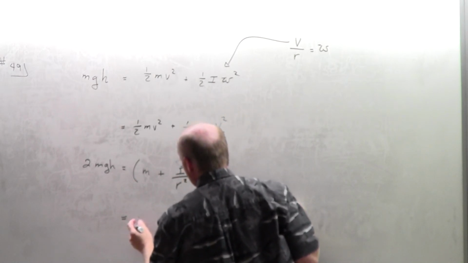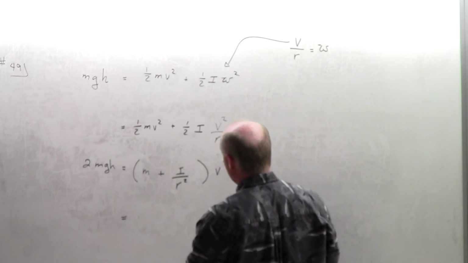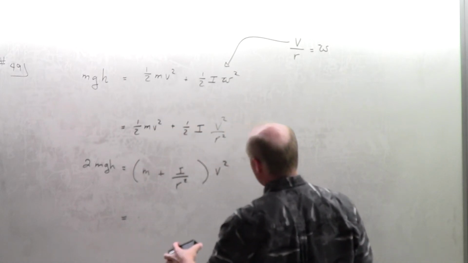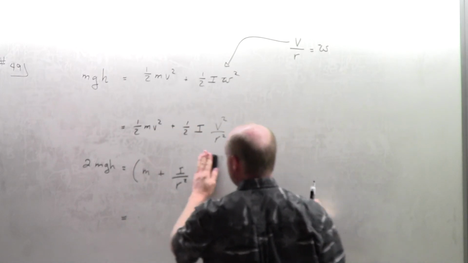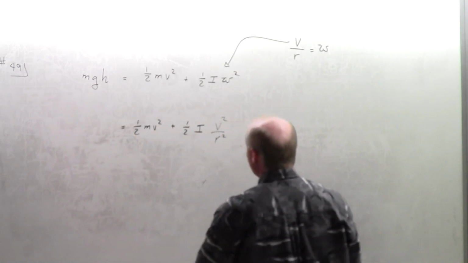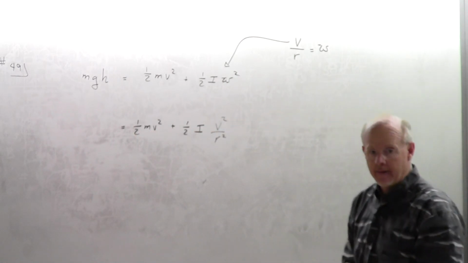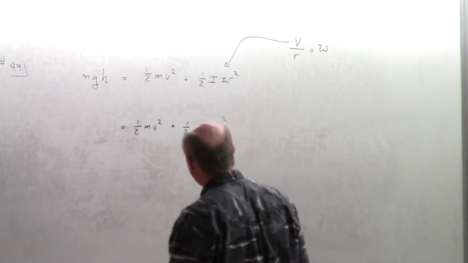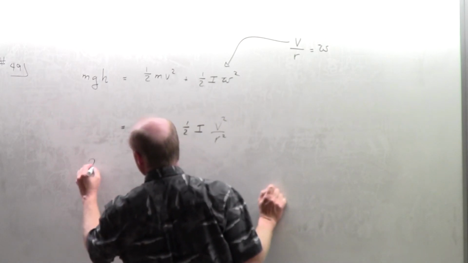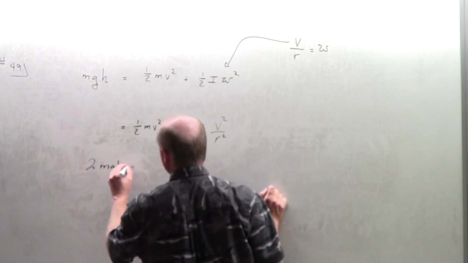Oh, my apologies. We're not solving for v like we did last time. This one is saying solve for I. Okay, so let me solve for I. I'll still bring the 2 over, 2mgh.